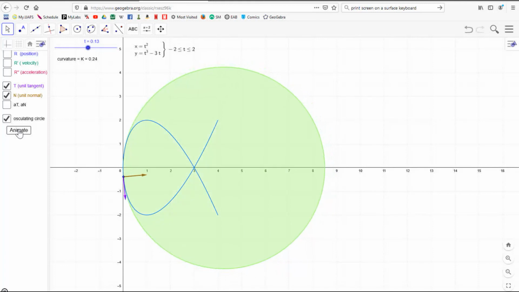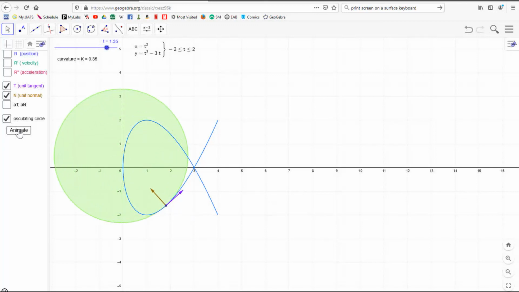We're down to 0.2 something, and now the curvature is getting bigger again. It's changing faster. The circle's getting smaller, and then it's going to start increasing again because the curve is getting flatter. It is getting less curvature and greater radius of curvature. Okay, one more time, let's go through that and just follow along with that and see what's happening.